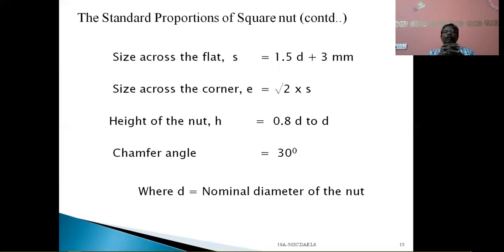That's why we standardize all these dimensions. Thereby, whenever one bolt or nut fails, we can interchange it with a new one. So that is the idea of having empirical relations for standard proportions, right?